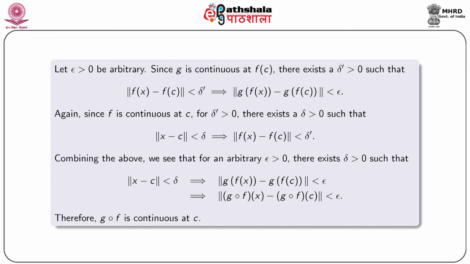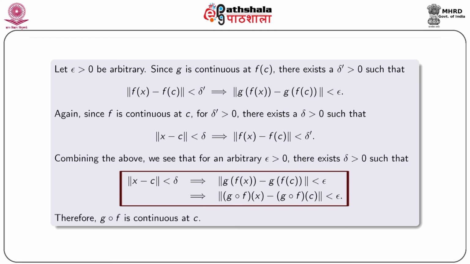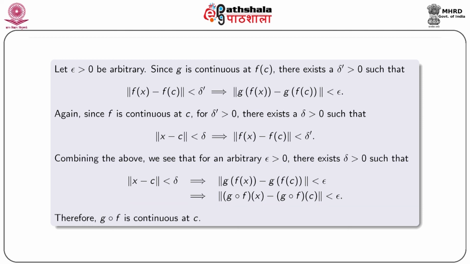Moreover, since F is continuous at c, corresponding to delta dash, we can find a delta positive such that norm of x minus c less than delta implies norm of F(x) minus F(c) less than delta dash. We combine these two. So, corresponding to arbitrary epsilon, we can find a delta such that norm of x minus c less than delta implies norm of (G compose F)(x) minus (G compose F)(c) less than epsilon. Therefore, G composition F is continuous at the point c.